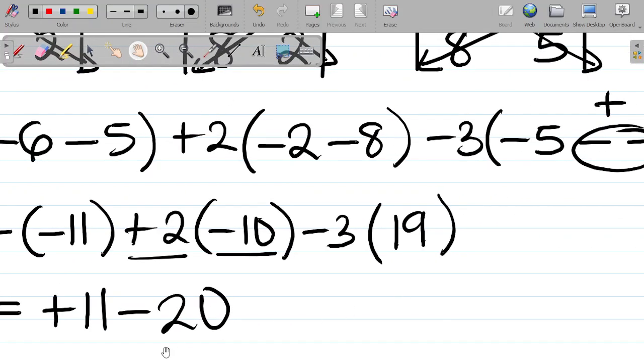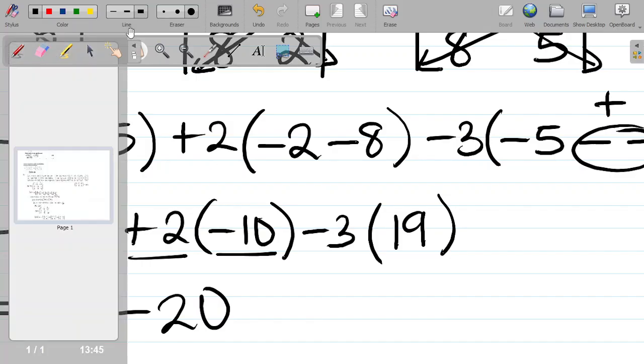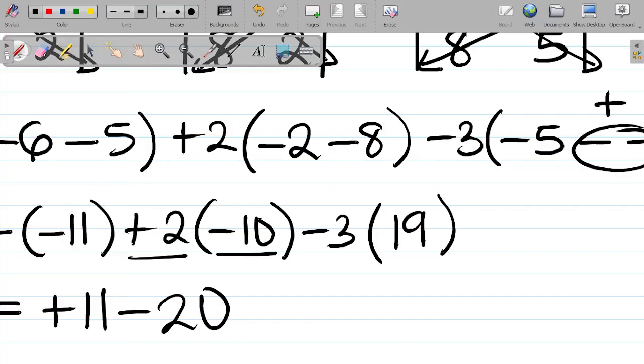If you punch minus 3 times 19, what you have there is actually minus 57. So minus 57. Let's get this done. So if I punch 11 minus 20 minus 57, you have your answer as minus 66.